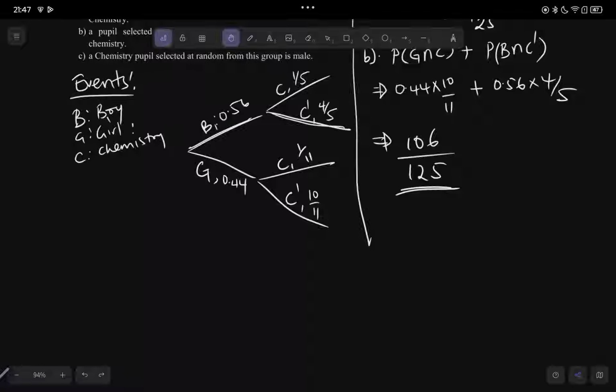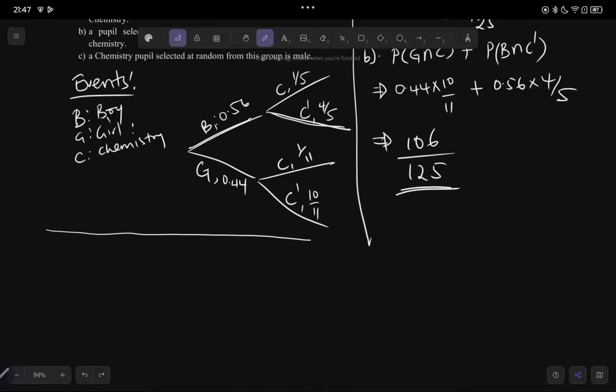So what we are looking at is what we saw in episode 2. That is conditional probability. But what do we already know? We know that it is a chemistry pupil. So it is probability of male, which is boy, given that we know is already doing chemistry.